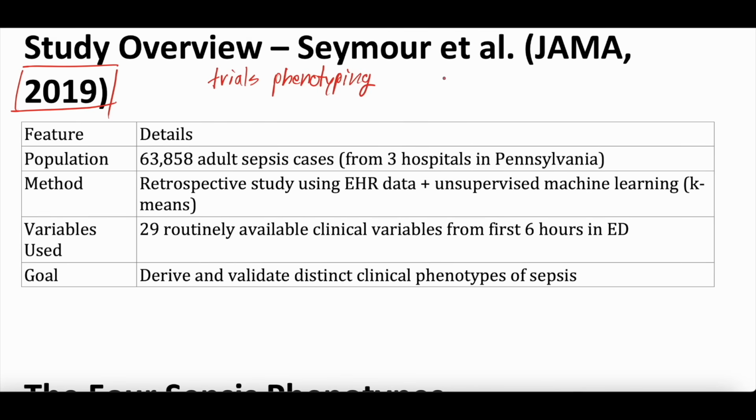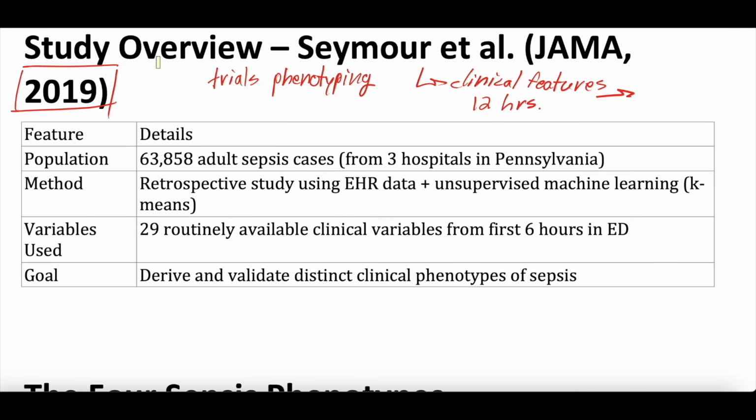This one by Seymour et al., one of the reasons we enjoy it is because it looked at clinical features, and only the clinical things you could garner from, we believe, within the first 12 hours of presentation. So these are things that everybody should have access to in the clinical arena, and early in the course.